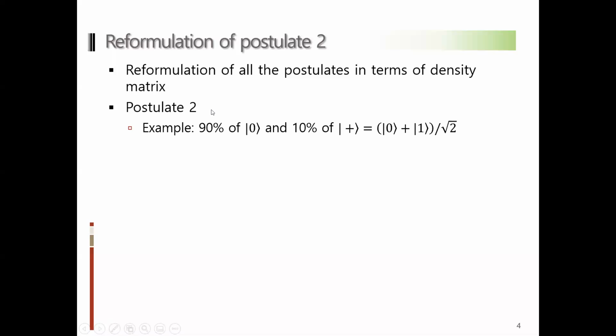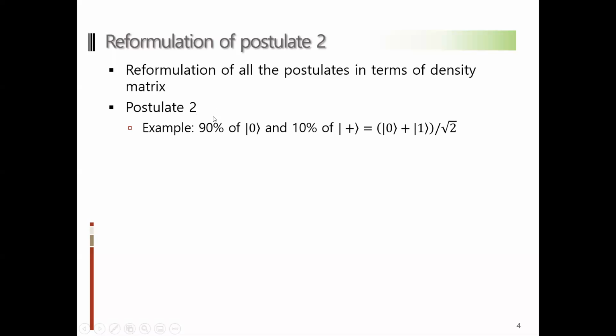And then we will continue to use the same example, which we already described on the previous page. So 90% of 0 and then 10% of plus state. In this case, the second postulate doesn't tell us how this entire situation will evolve.